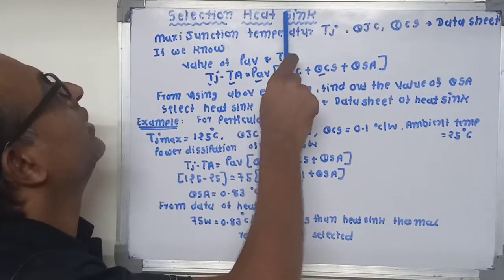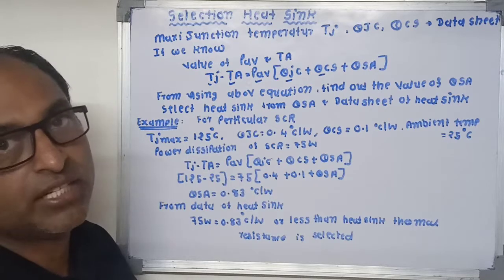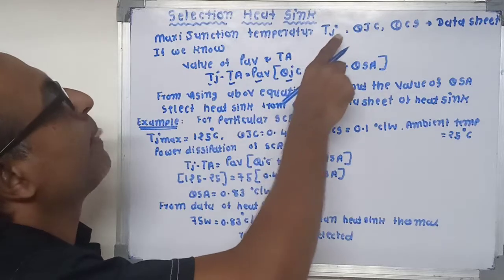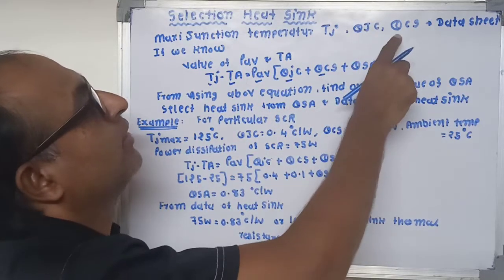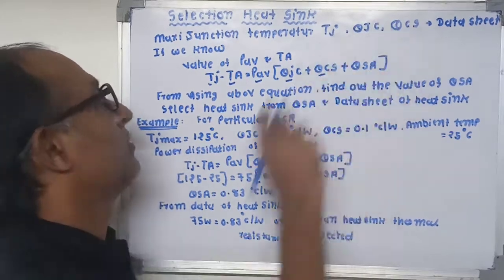Selection of heat sink. So the data sheet of the thyristor gives the value of maximum Tj, the thermal resistance between junction and case, and the thermal resistance between case and sink.